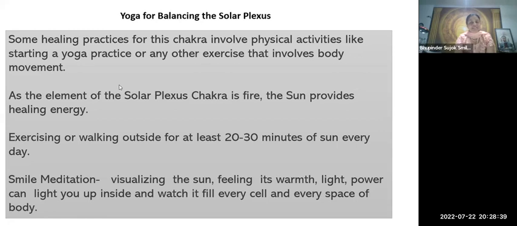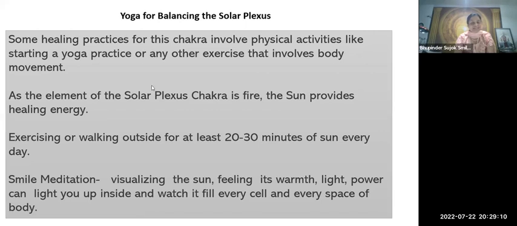Now, very simple techniques. Of course, we have to work on treatment, but at the same time, a very simple way to balance your solar plexus is yoga. Some healing practices for this chakra involve physical activities like, as I said, yoga practice or any other exercise that involves body movement. As the element of the solar plexus chakra is fire, the sun provides healing energy.